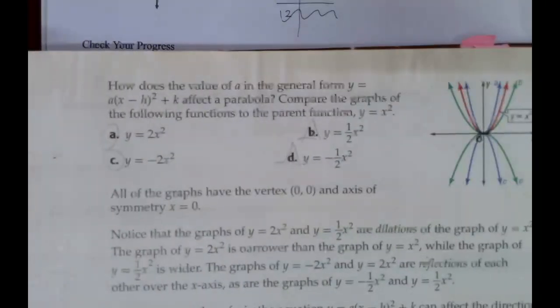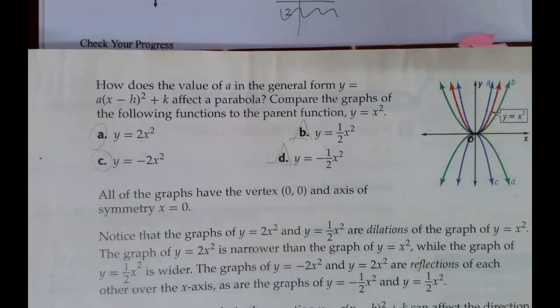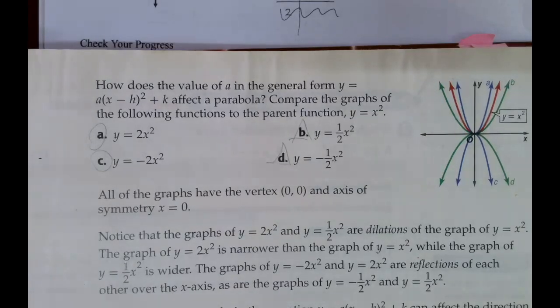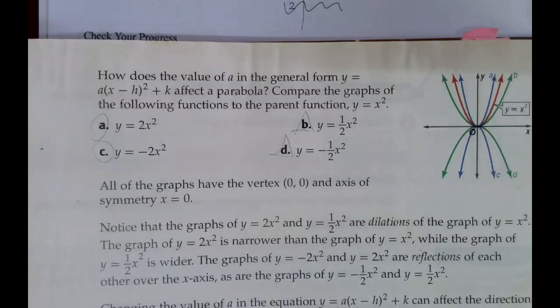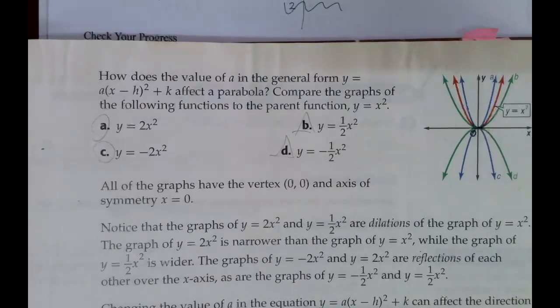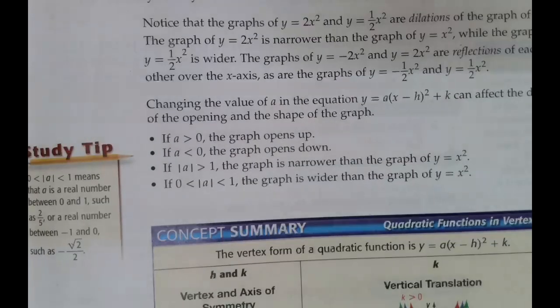Okay, so taking us through the next part, how does the value of a in the general form y equals a times the quantity of x minus h squared plus k affect a parabola? If you remember from our discovery lab on absolute values, the sign of a reflects it.